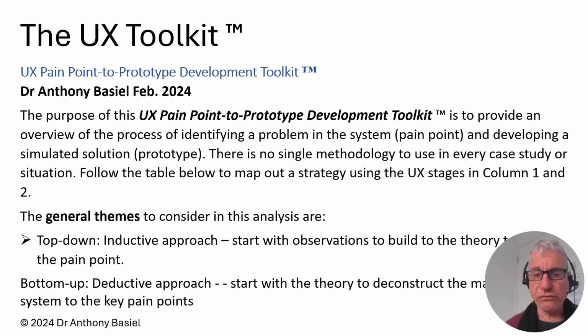And this is using a kind of 5-part sprint UX methodology. We'll be starting off to take a look at the pain point items in the first column, and then in the second part of this video we'll be looking at the development side.